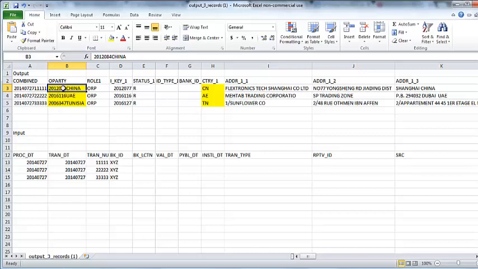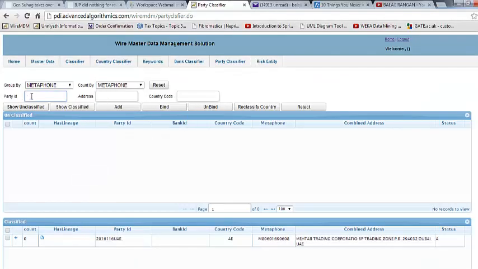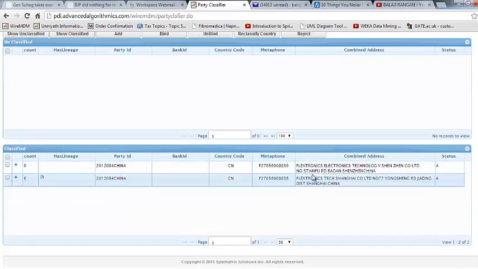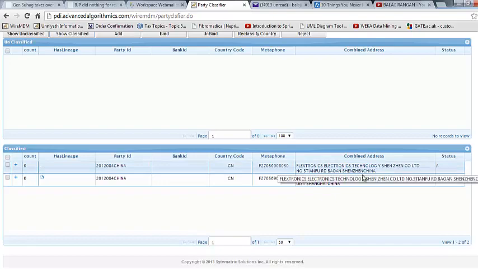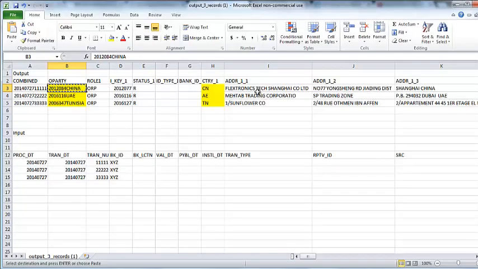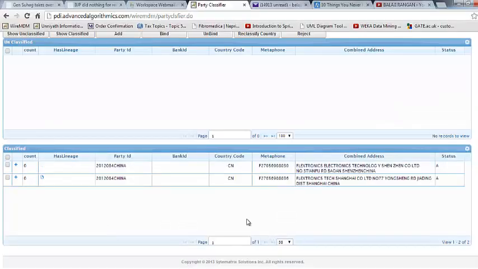The underlying parties under this party ID can be searched using the party classifier screen, which you saw in the previous video. For example, this party ID is Flextronics Electronics Technology, which is this record, and it has been unified to another instance of Flextronics Electronics Technology in Shanghai from a previous record.